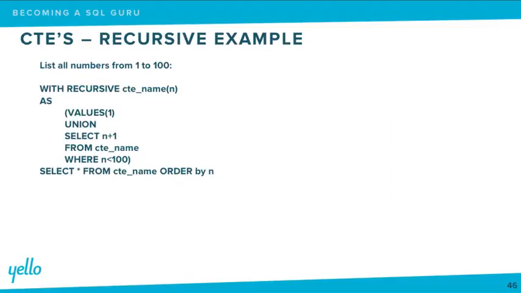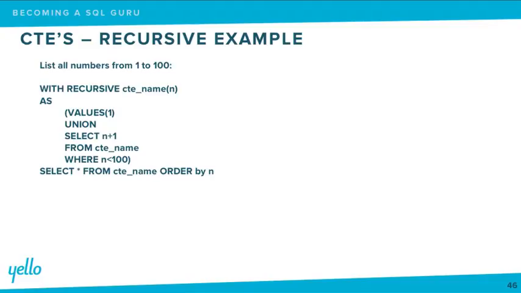Recursive examples. These are more fun and more difficult to understand. So we're going to start with a simple example of a recursive CTE. Let's say I want to get a list of numbers from 1 to 100. I'm going to start my WITH clause. I'm going to say WITH RECURSIVE, give my CTE a name, and then some n value or variable. I then have VALUES 1, which just gets you the number 1.